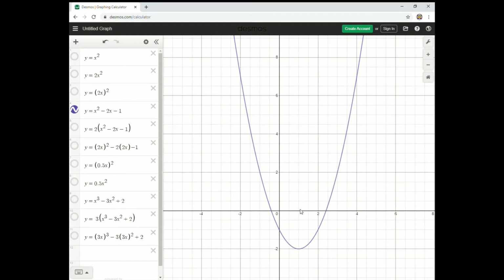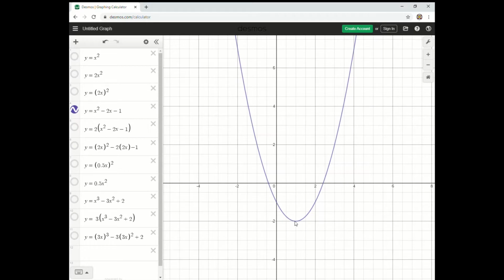So this point here at minus 1, 2, is now going to end up being stretched away by a scale factor of 2. So it's going to end up at minus 1, 4. So we're going to be expecting to see the new curve go through minus 1, 4. Similarly, though, the minimum point down here, which is at 1, minus 2, we're going to expect to see that stretched away in this direction.